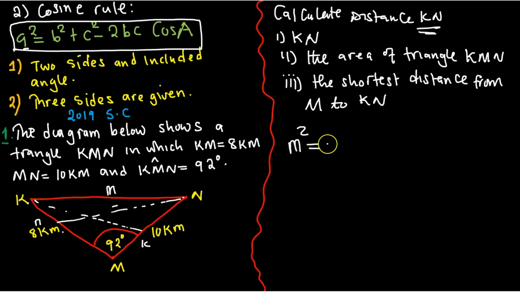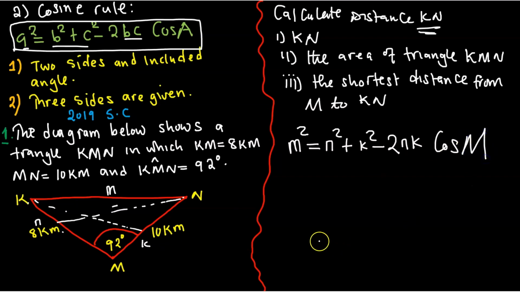Then we are going to have n squared plus k squared minus 2. What you're adding here is what you multiply, so multiply nk. Then cos, we are dealing with m, so the angle is capital M. You start with the small letter m, then cos M, the angle, at the end. I hope you followed up to this point.